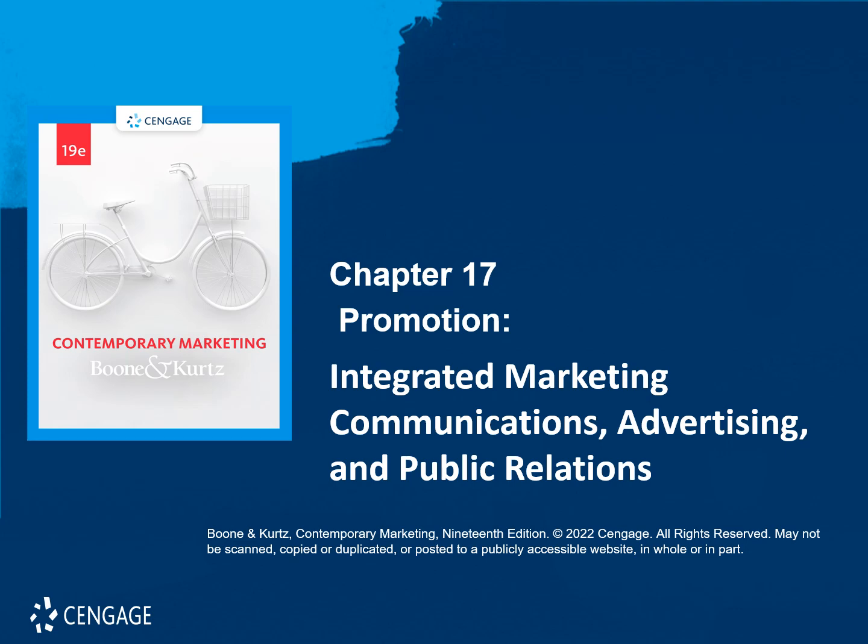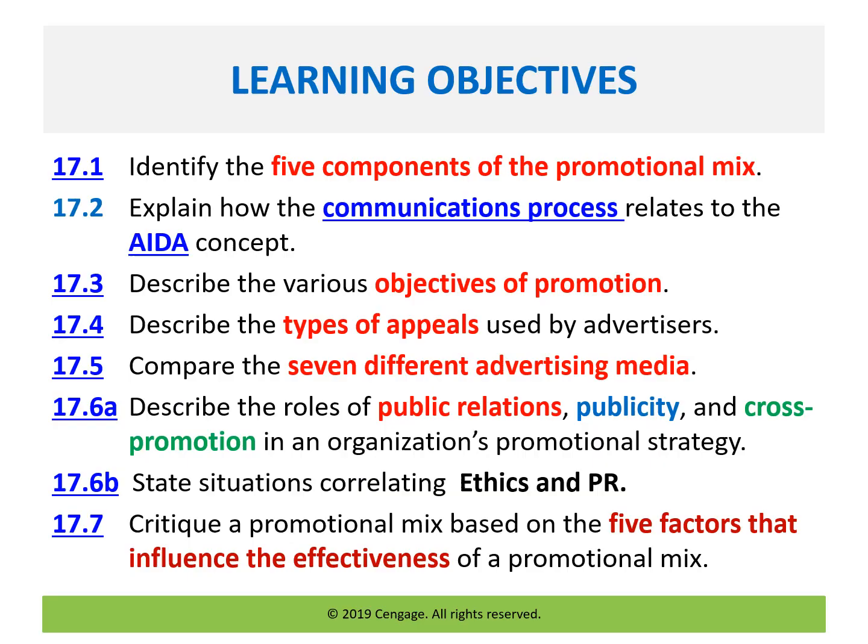Chapter 17 is all about the last P of our 4 Ps, which is promotion, integrated marketing communications, advertising, and public relations. The purpose of this chapter is to explore the components of the promotional mix, how the communication process relates to the IDA model, the various objectives of promotion, and the different types of appeals used by advertisers.